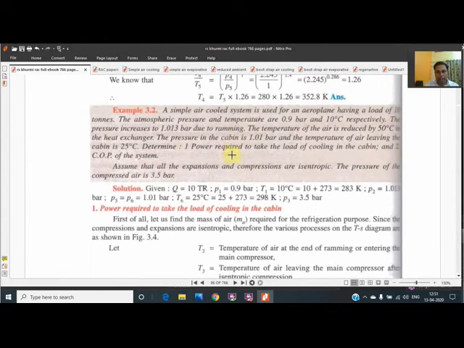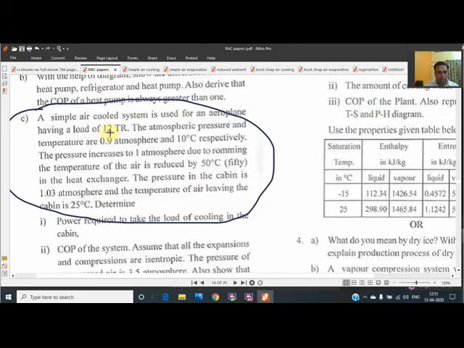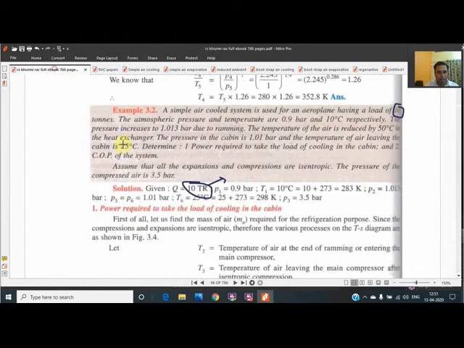Instead of 10 ton, because the reference system was of 10 ton, they have changed it to 12 ton. We will cover this question. The one thing they have changed is that instead of 10 ton, they have written 12 ton. The rest of the question is the same, meaning 0.9, 10 degree centigrade. All terms are the same. So we will start with the numerical.